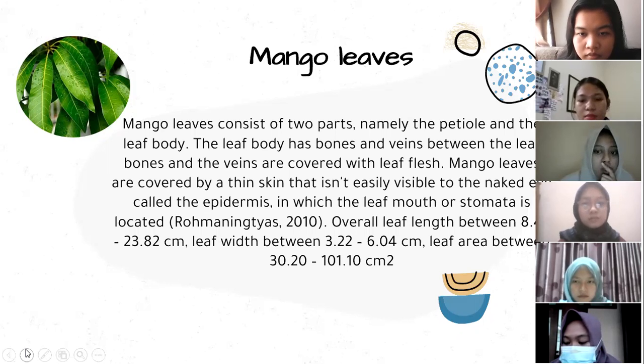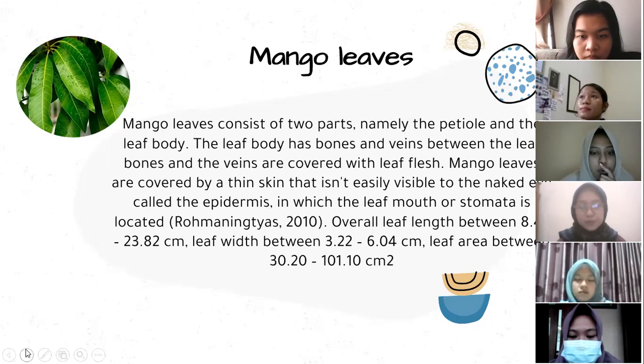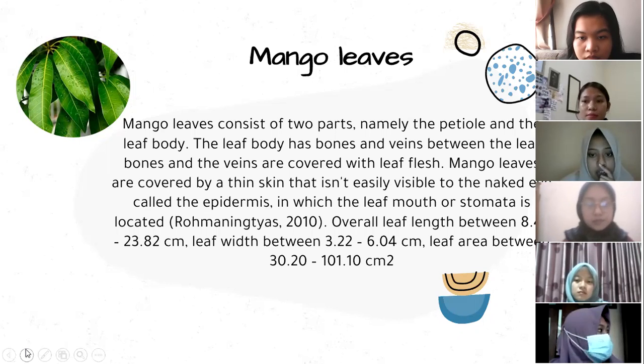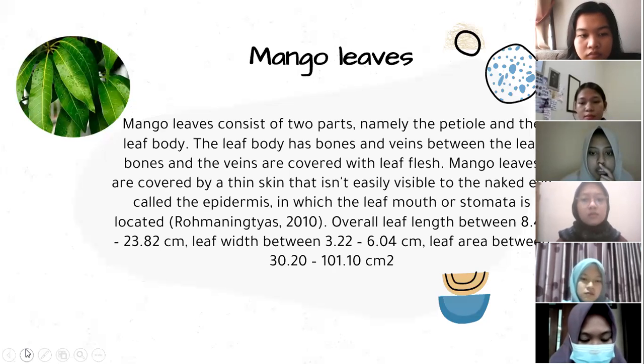Overall leaf length is between 8.47 and 23.82 centimeters, leaf width between 3.22 and 6.04 centimeters, leaf area between 30.20 and 101.10 square centimeters.